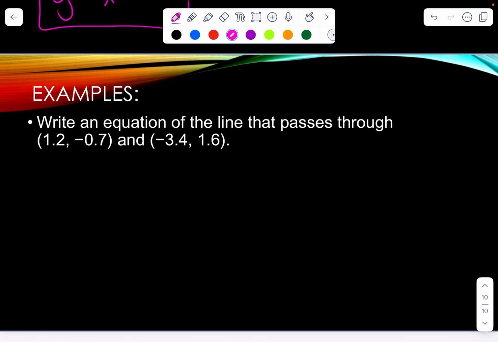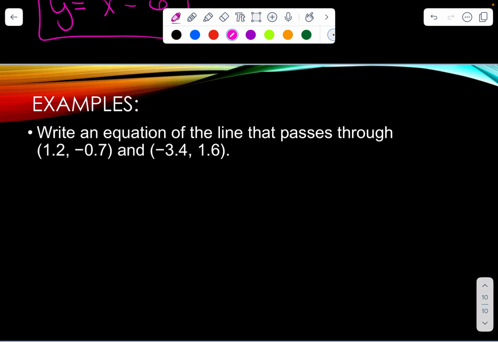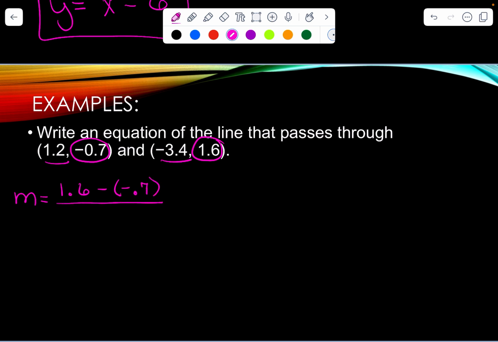All right, let's try this last one here. So we're going to start off. Here's my y's. Here's my x's. So I'm going to start off with my slope. I'm going to go 1.6 minus negative 0.7 over negative 3.4 minus 1.2.